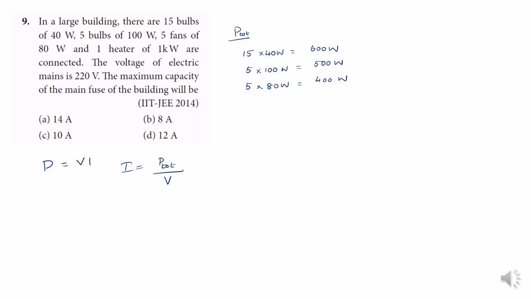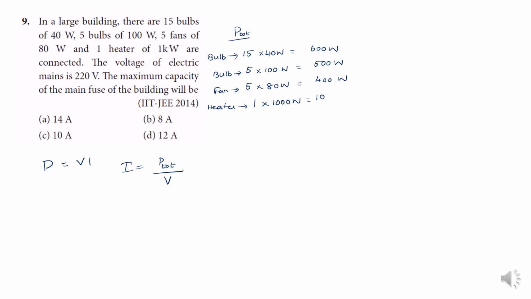And then this is for the 100 watts bulb, this is the 40 watts bulb, this is for fan. And the last one is heater. There was 1 heater of power rating 1 kilowatt. 1 kilowatt is 1000 watts.